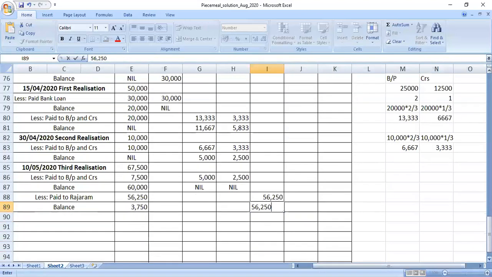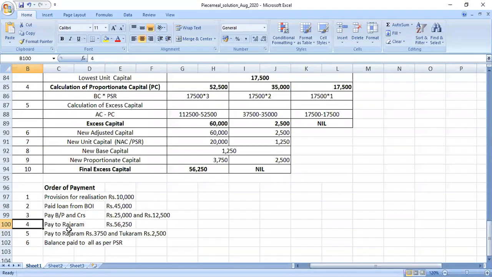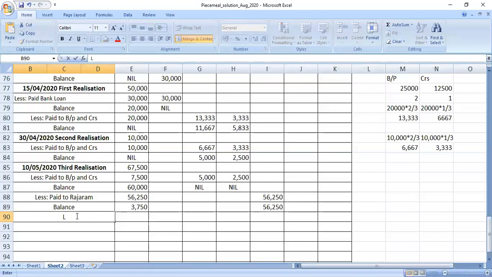Okay, I hope you understood what is going on. The balance we still have. Now again we have to move on in the order of payment. After paying Rajaram, the next payment goes to Rajaram 3,750 and Tukaram 2,500. So less: paid to Rajaram and Tukaram.